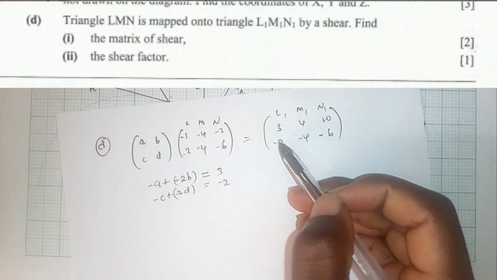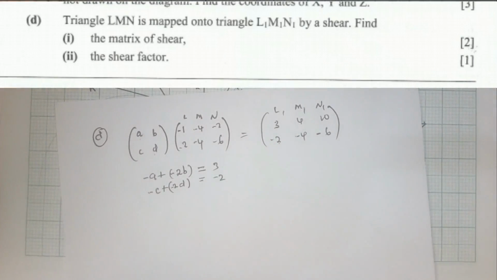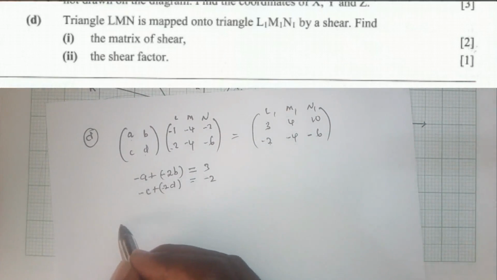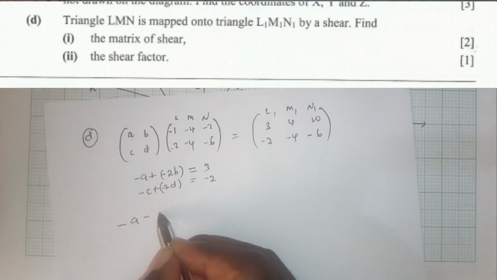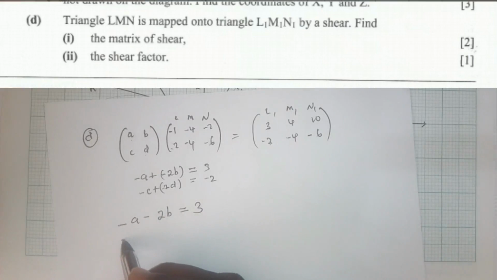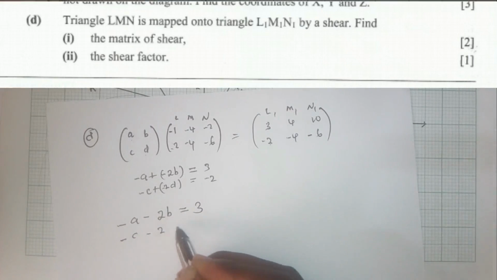The answers I'm getting from here, you just need to know how to multiply the matrices. So this one can be cleaned up, it will look like this. This one like this.